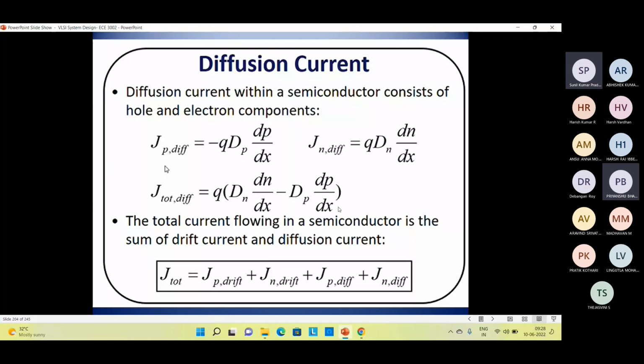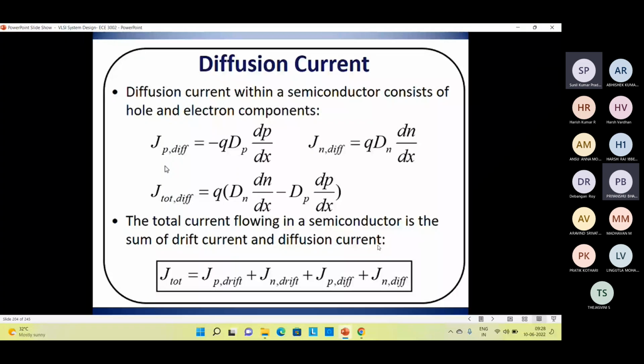Okay. So the total current flowing in a semiconductor is the sum of drift current and diffusion current. So if we find the total current, it will be drift current plus diffusion current. But each current consists of hole and electron components.